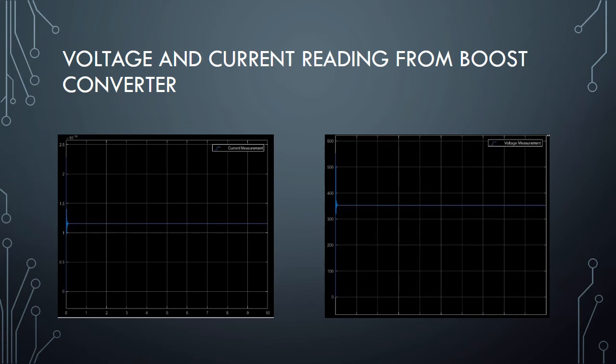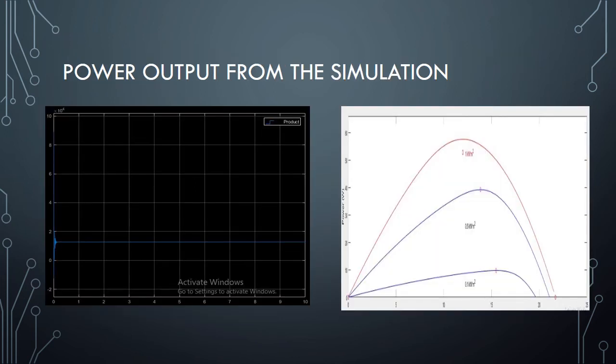For the buck converter, the current measurement is somewhere in between 1 and 1.5 into 10 to the power minus 14 ampere, and the voltage measurement is initially around 550, and then it gets set at around 350 volts.